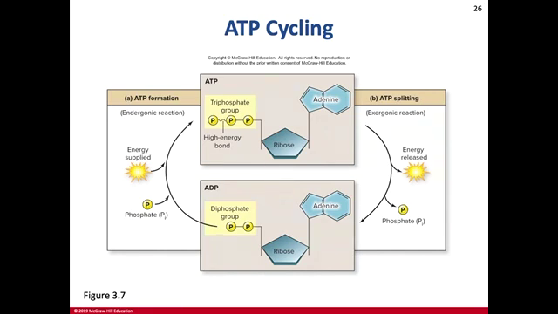It would have to be solvated in water, and that would take a lot of room inside the cell, in addition to the fact that ATP is unstable. ATP likes to hydrolyze and release that phosphate group even if it's not being used to do work. Okay, so it's a very fragile temporary form of energy storage, which is why we only keep a little bit of it in the cell at any one time.